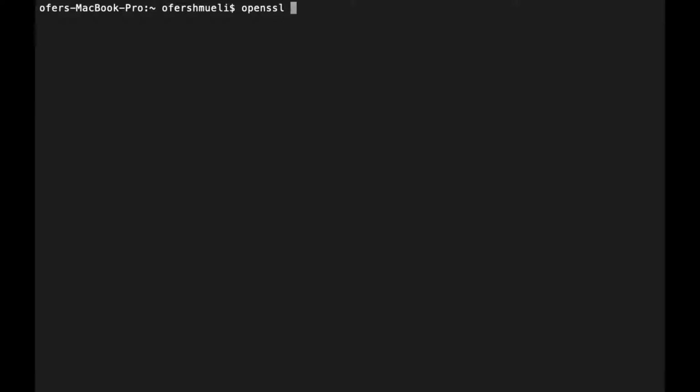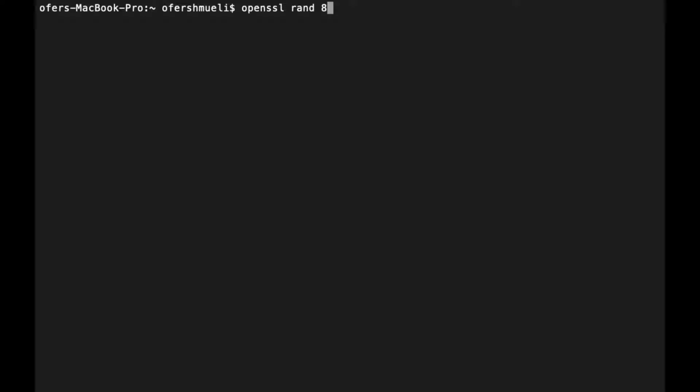So we have a function which is rand, as in randomize. We'll generate 8-byte keys. As we will see later on, encryption techniques usually work in two ways.